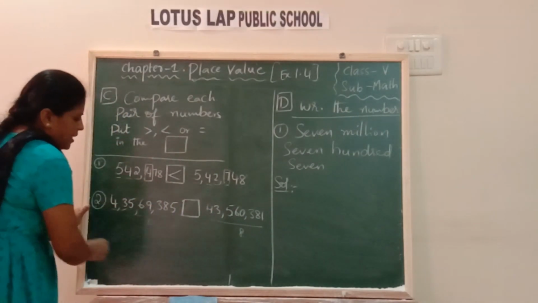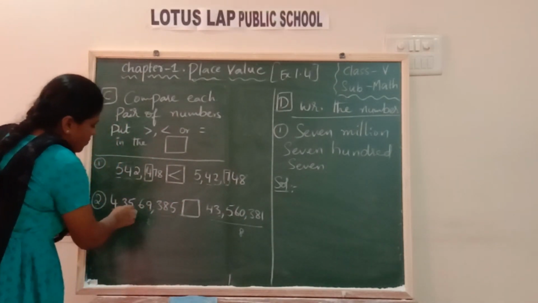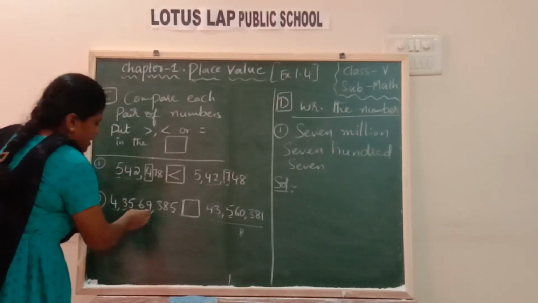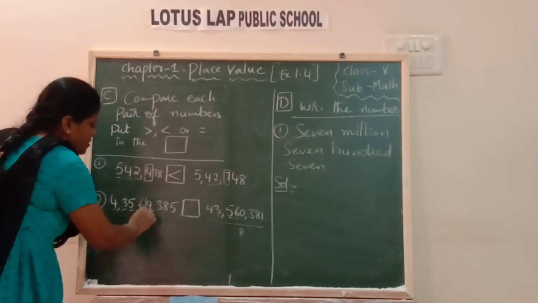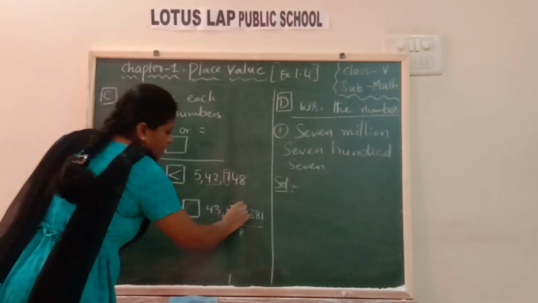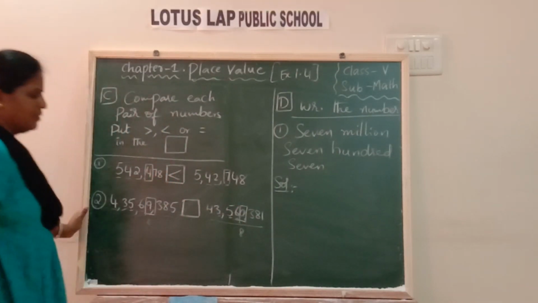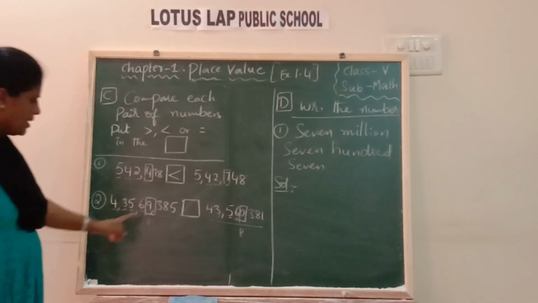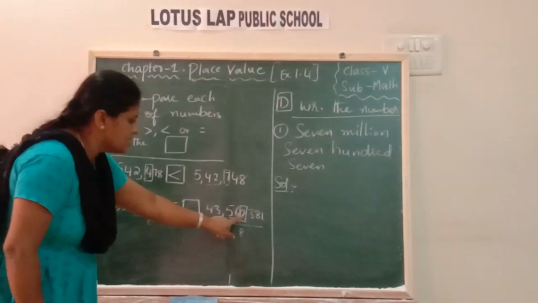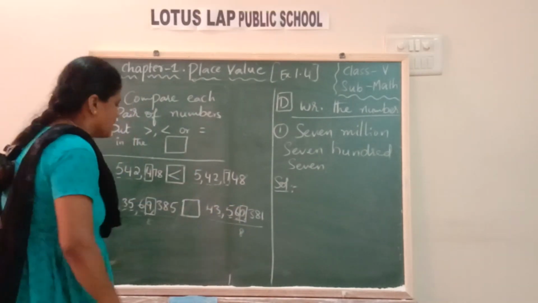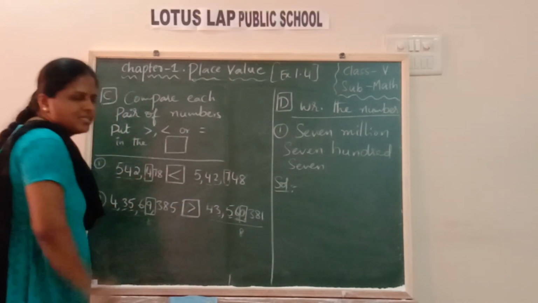Next, second place 3, 3. Third place 5, 5. Next, 10,000s place 6 and 6. Finally, the thousands place, here I have 9, here I have 0. Okay, children, thousands place, here 9 is there, here 0 is there. 9 is greater than 0, so it implies the first number is greater than the second number.